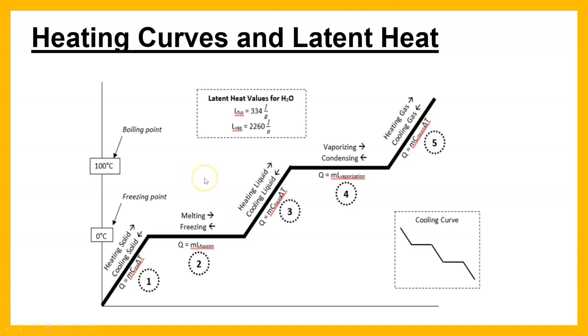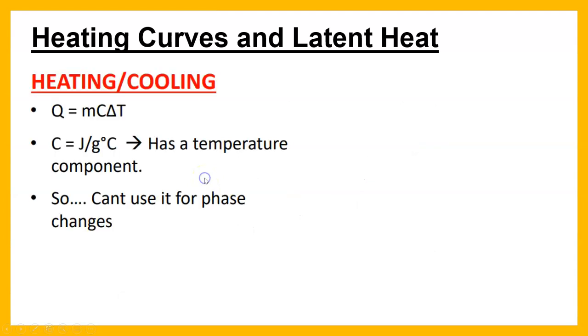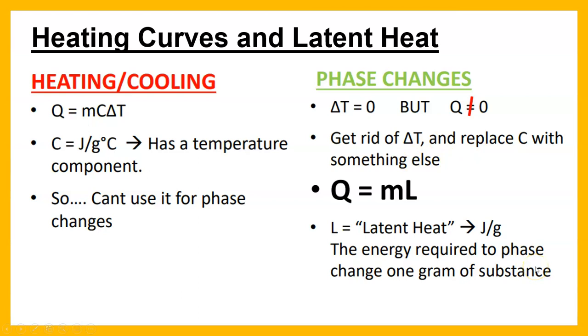So we use a slightly different equation. We're not going to use MCAT, we're going to use ML. We know energy is still being put into the system or removed, so we can't have a delta T of 0. We have to have a slightly different equation, ML.